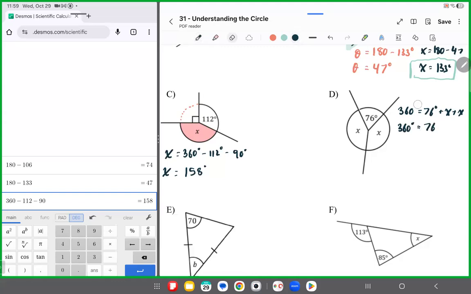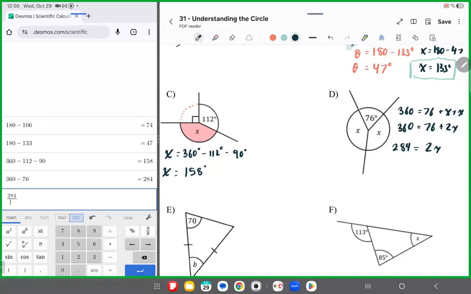I'm just going to drop the degree symbol here because we don't need it for the moment. We can subtract 76 from both sides. So 360 minus 76 is 284, which is equal to 2x. And so x will be equal to half of 284. So if I take 284 divided by 2, I get that x is equal to 142 degrees. Useful property, and we're going to see this one come up again.